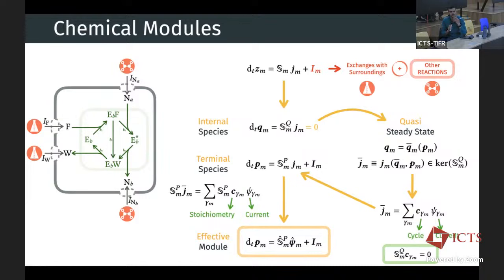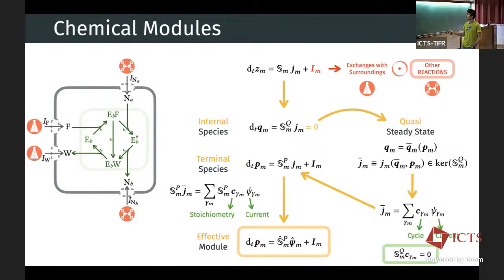You assume that the internal species have relaxed to a steady state. So the expression of the current must be evaluated for the concentration of the terminal species and the steady state concentration of the internal ones. Since this is a steady state, this current can be written in terms of cycles, and then you just plug the expression of that current into the rate equation for the terminal species.